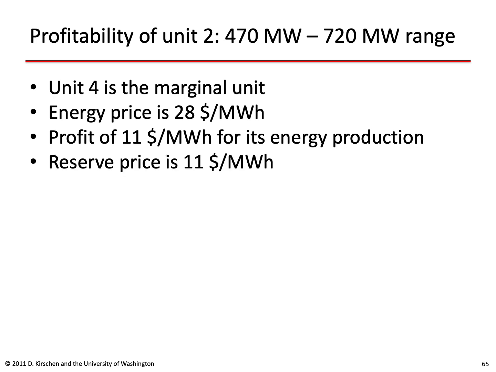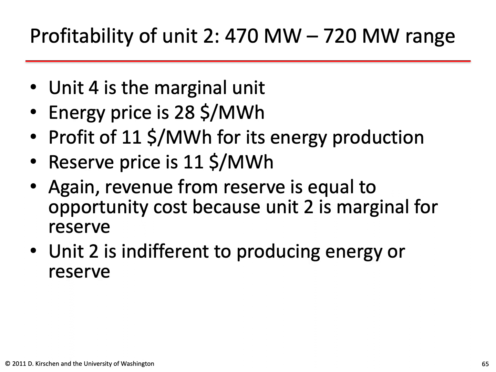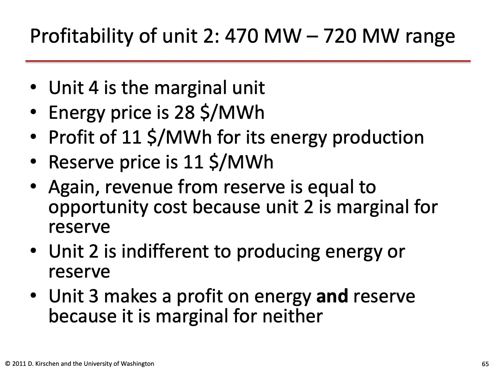And because the reserve price is also $11 per megawatt hour, well, the revenue from the reserve is equal to the opportunity cost of Unit 2. Therefore, Unit 2 is indifferent to producing a reserve. On the other hand, it's kind of interesting to note that Unit 3 makes a profit on energy and on reserve because it is marginal for neither providing reserve nor energy.